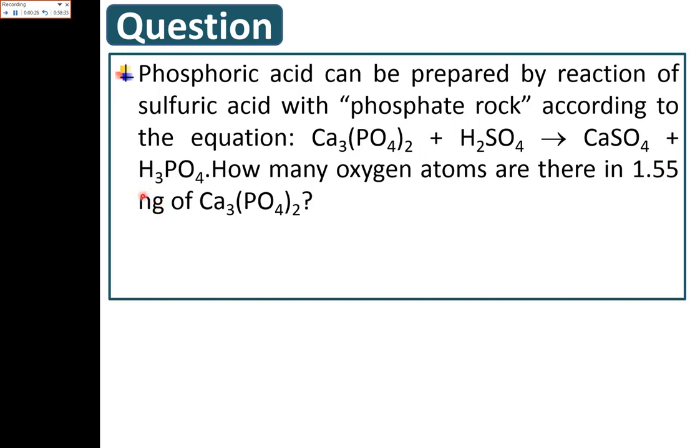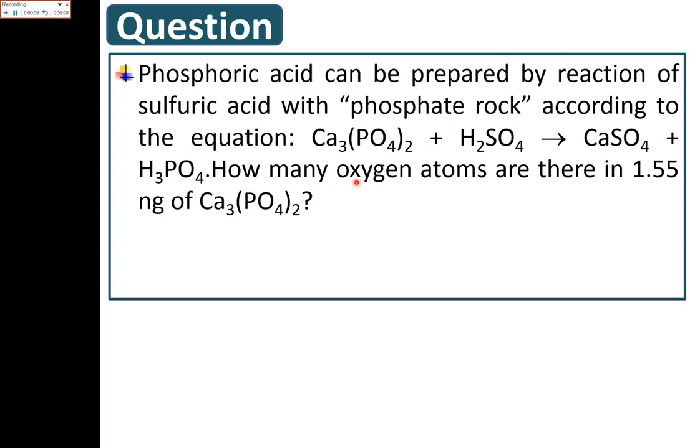So look at the unit here for the mass, nanogram, which is actually 10 to the power of minus 9. 1.55 nanogram of calcium phosphate. So we want to calculate how many oxygen atoms are there in 1.55 nanogram of calcium phosphate. This is the first part of the question.